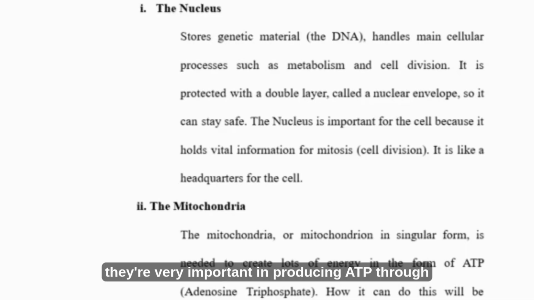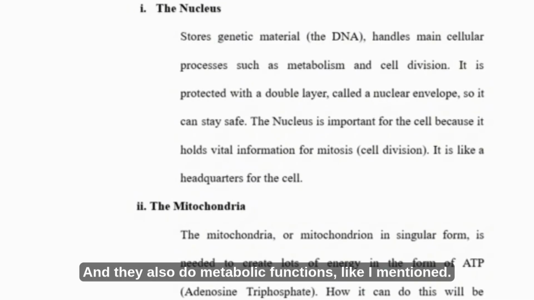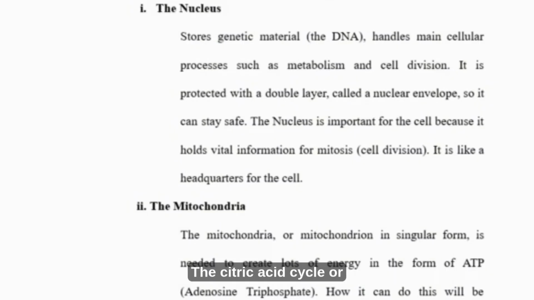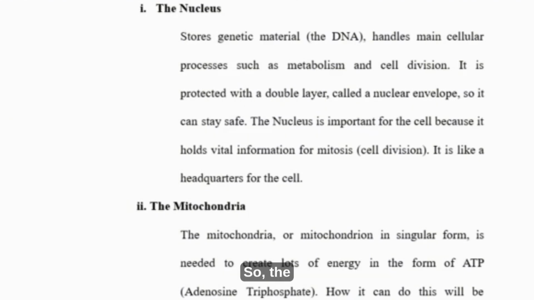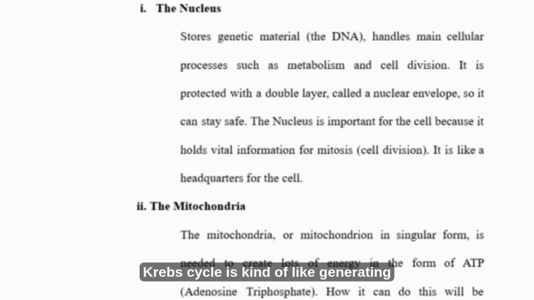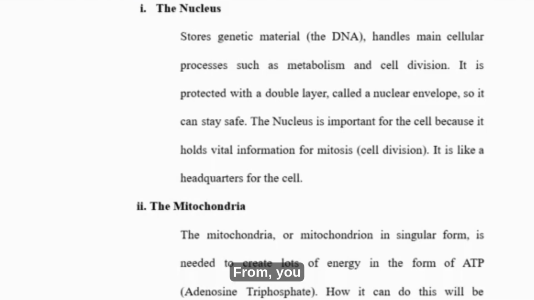So mitochondria are very important in producing ATP through the electron transport chain. And they also do metabolic functions, like I mentioned. The citric acid cycle, or the Krebs cycle, is a very good example of this. So the Krebs cycle is kind of like producing energy.